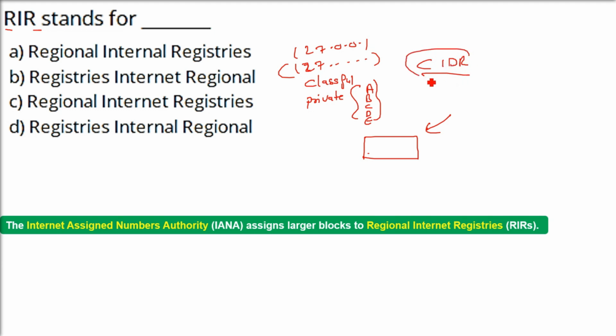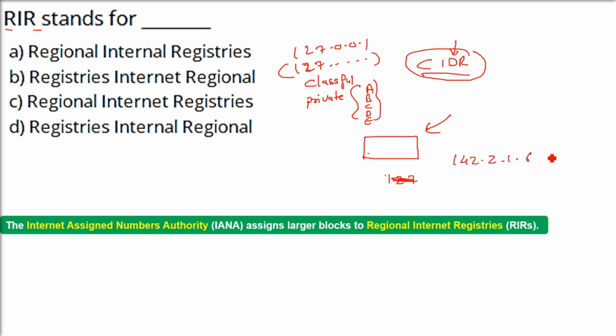CIDR is simply an IP address followed by a slash followed by a number, and that number tells you how many network bits there are, how many ones there are. So when a company comes and asks for a large block of IP addresses using CIDR, who is going to give it to them?